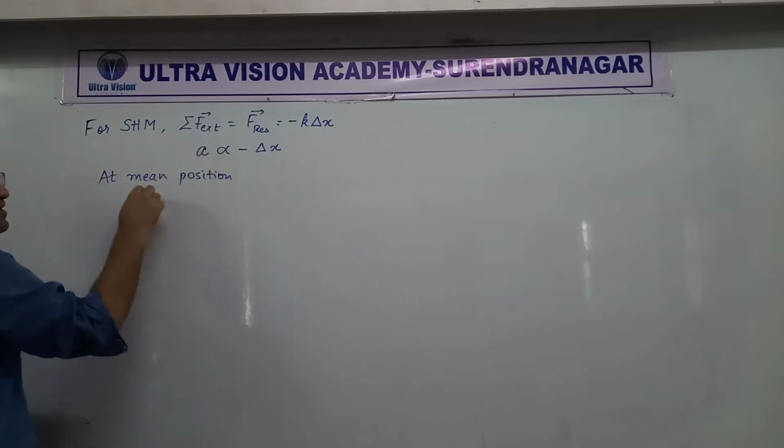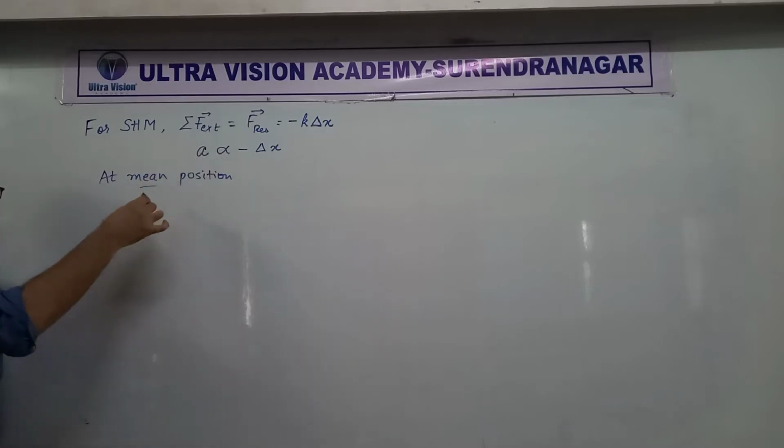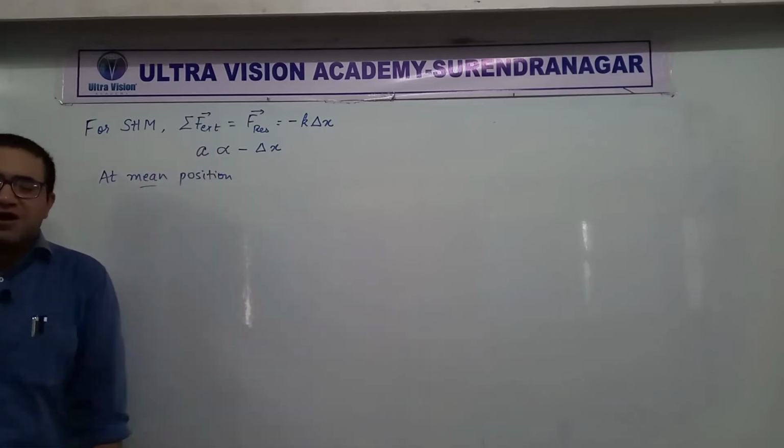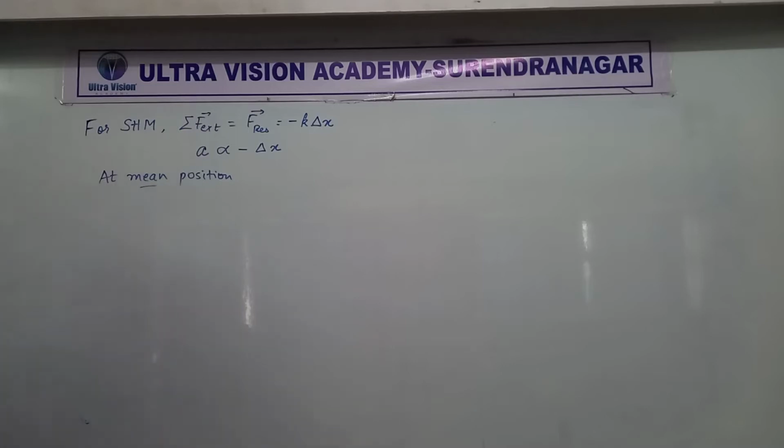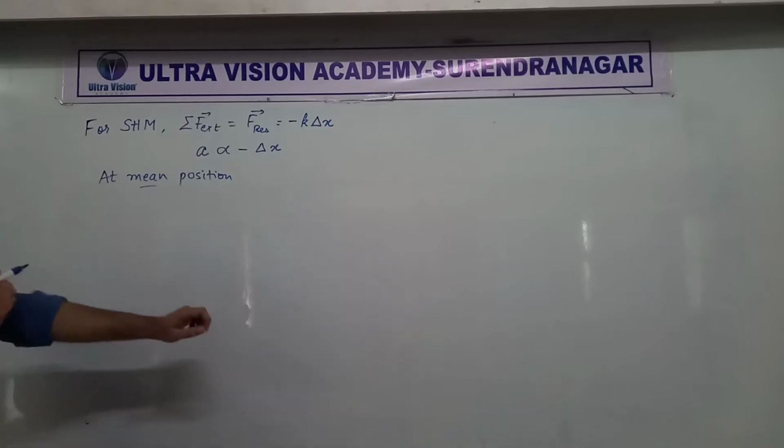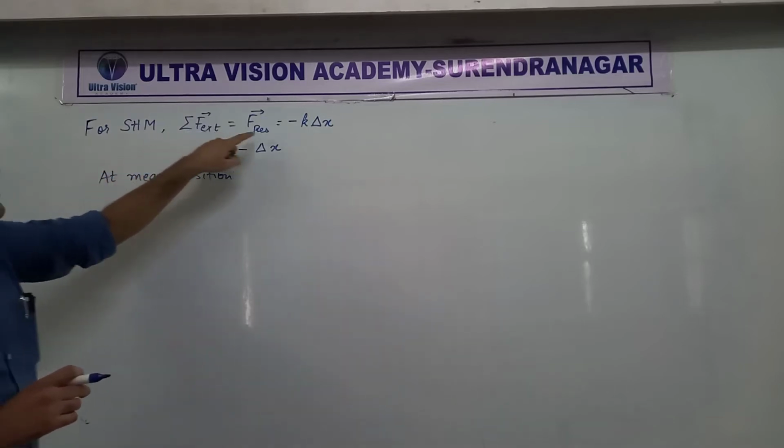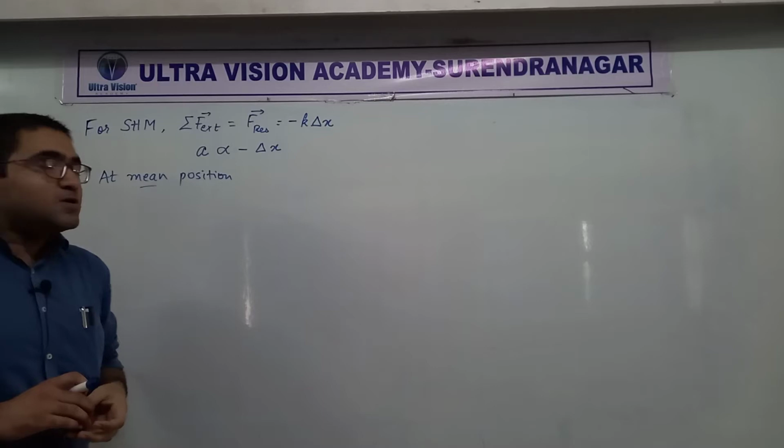We call this mean position also as what? What's the other name for mean position in simple harmonic motion? Yes, it is also called equilibrium position because at that point the total external force is 0.